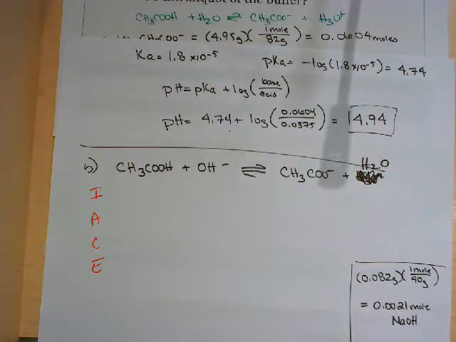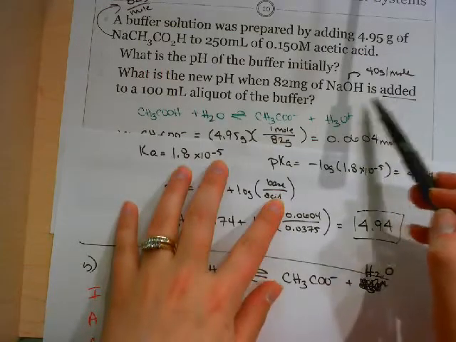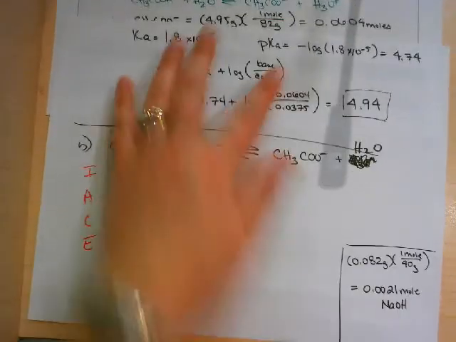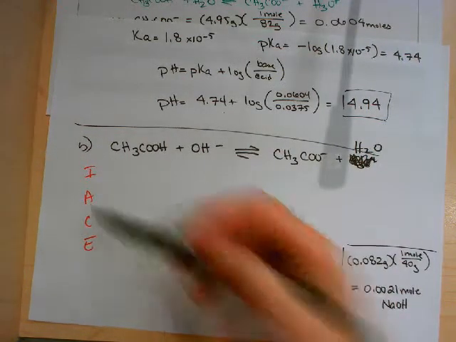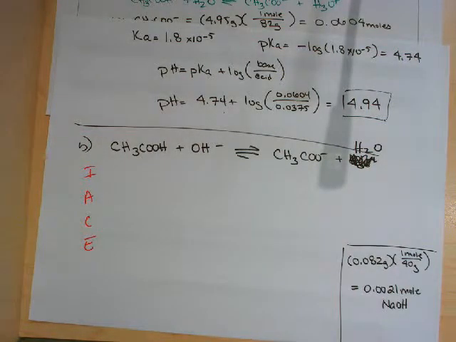You read the problem and it either says the word buffer and you need to use the HH equation, or it says something was added, in which case you need to make this kind of chart. Because the added is right here. So it's about getting in the habit of looking for keywords: buffer, added, equilibrium, something like that.